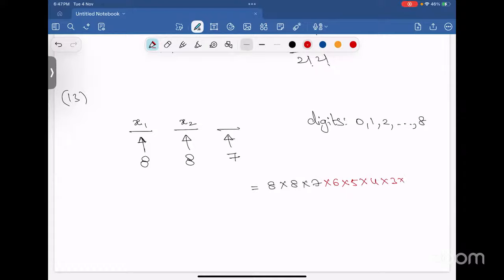So I'll have 8 into 8 factorial by 6 factorial. And this 8 factorial by 6 factorial, I can write as 8P2. So the answer will be 8 into 8P2 in your case.